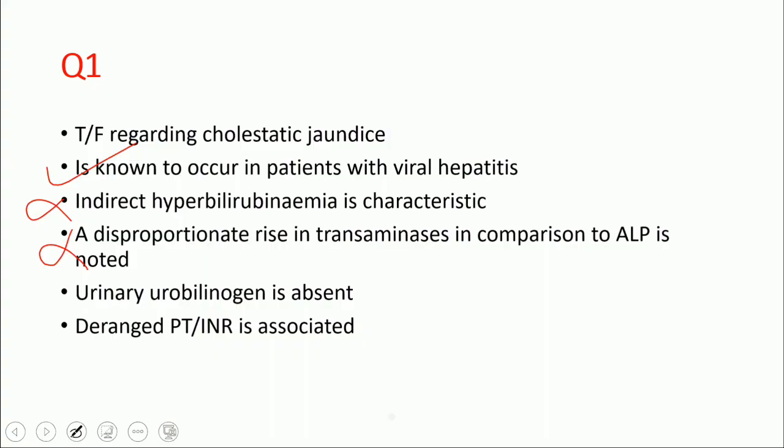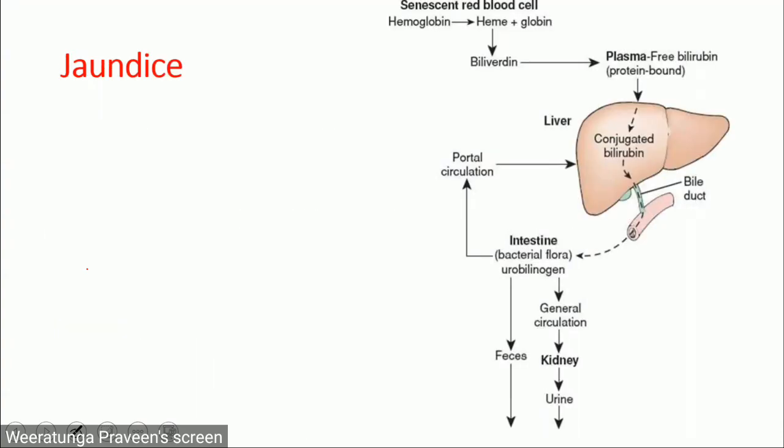Right, good. Now, in a patient with cholestatic jaundice, either the bile is stuck within the liver or there's a problem of obstruction. What happens is they cannot form urobilinogen because there is nothing going into the gut, right? If you remember the bilirubin metabolic pathway, you will know that urobilinogen is formed once the conjugated bilirubin enters the gut.